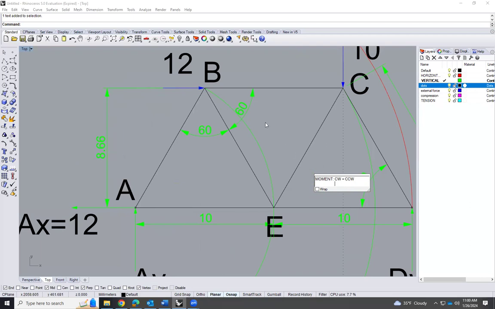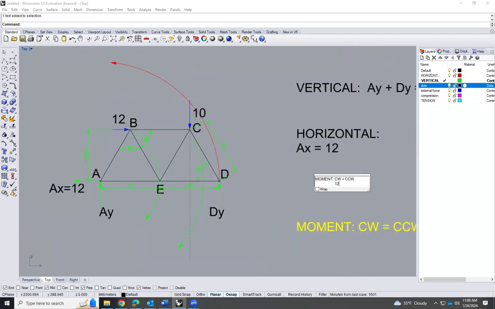You can measure, or you can calculate the height of this triangle, but if this is 10, this will be 8.66. So what's the moment of this force about this point? It's 12 times the distance, 8.66. So that would be 12 times 8.66.